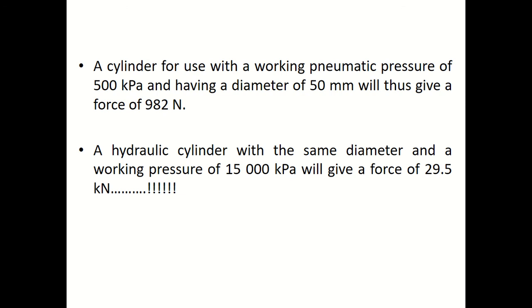It will give a force of 29.5 kilonewton. Look at the difference. Look at the output which a hydraulic cylinder can give. The cylinder with the same diameter, the earlier one was pneumatic, this was hydraulic. Look at the difference in force produced by these two cylinders.